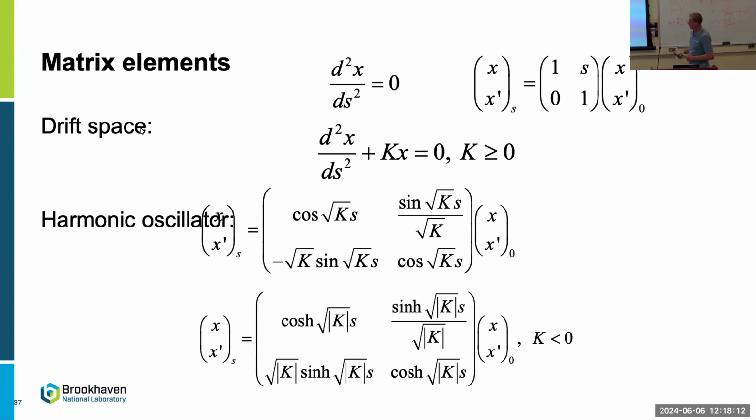So the trajectory, therefore, if I take a combination of drifts and quadrupole matrices like this, my entire accelerator can be represented by the product of these various matrices.